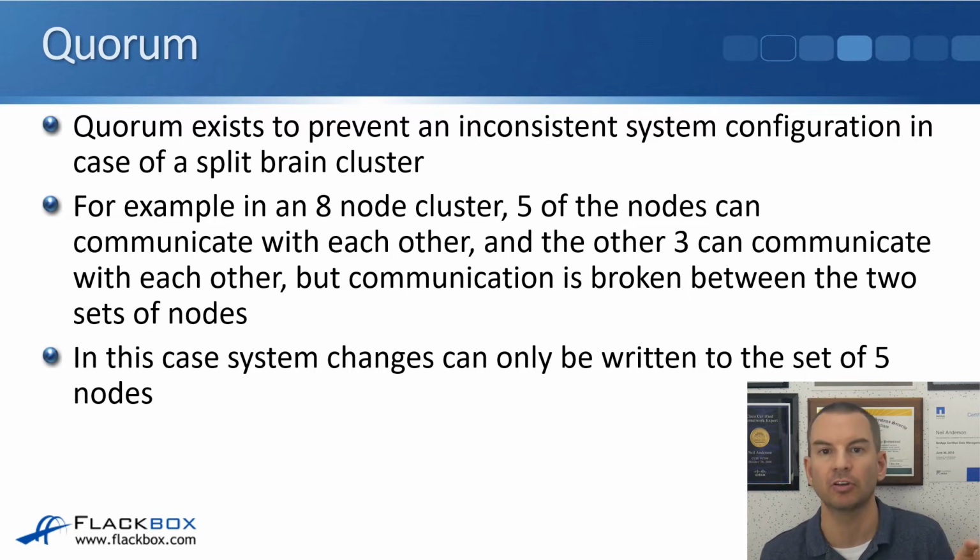If some of the writes are going to one set and other writes are going to the other set, well, when connectivity was restored between all the nodes in the cluster, you could have conflicting information there, and how would they know which was the correct set of information and how would they recover from that? So we need to make sure that that never happens, and by having the concept of Quorum, that makes sure that you can never be writing 2 different sets of configuration to 2 different sets of nodes at the same time.